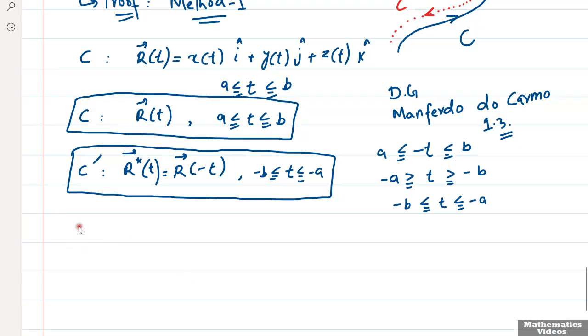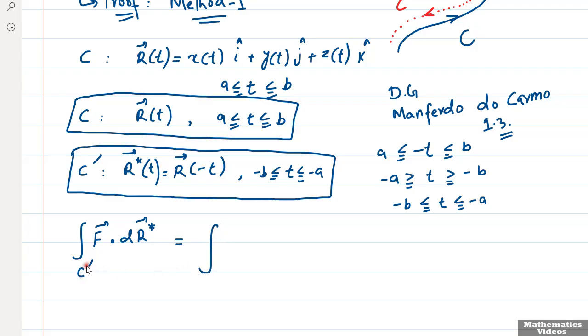Now consider the line integral of a vector field f over the curve C prime. This line integral is definitely equal to this one. This is the dot product of f with the differential of the parametric representation of the curve C prime. What is this equal to? Now we will involve the parameter t.